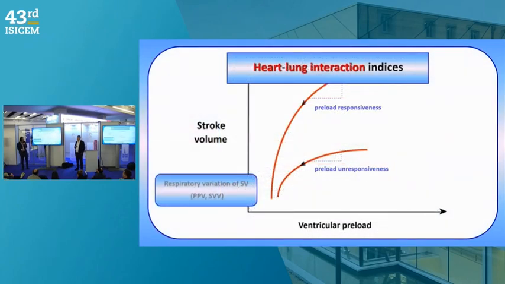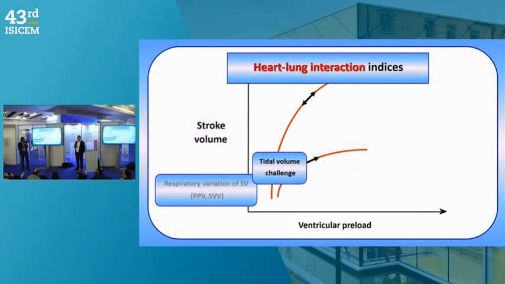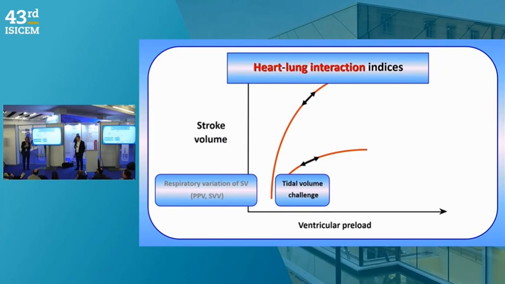A possibility in this case is to perform a tidal volume challenge, which consists in increasing tidal volume from 6 ml per kilogram, for example, to 8 ml per kilogram, and looking at the change in pulse pressure variation.